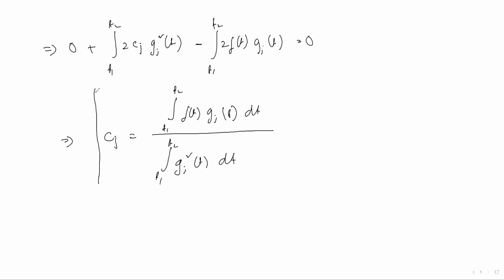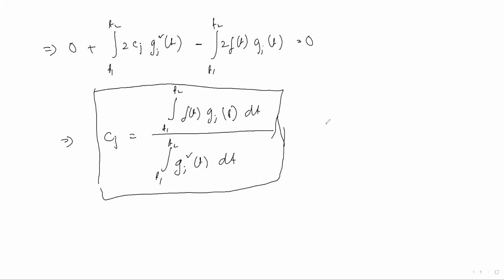This is our ultimate goal, to find the c_j value. Or you can write this as 1 by k_j, where I take the denominator as k_j, times the integration from t1 to t2 of f(t) g_j(t) dt.